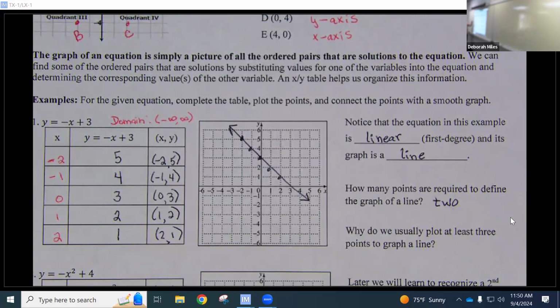So we usually pick at least 3 points to graph a line, so that the third one can serve as a checkpoint. If my third point was over here, I know something's wrong. I don't know what's wrong, I have to go back and check all my work, but I know something's wrong because that should be a line.